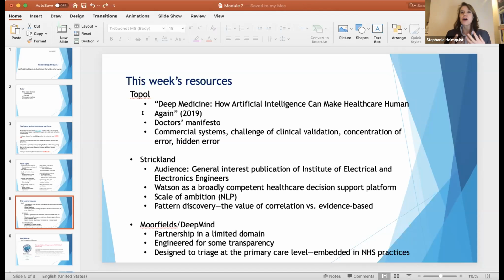It really is a doctor's manifesto that physicians should be in charge of how AI is implemented in healthcare because, and here comes the moral rationale, because of physicians' commitment to beneficence and respect for other principles in healthcare that make for best possible patient outcomes, including respect, justice, non-maleficence, and so forth.